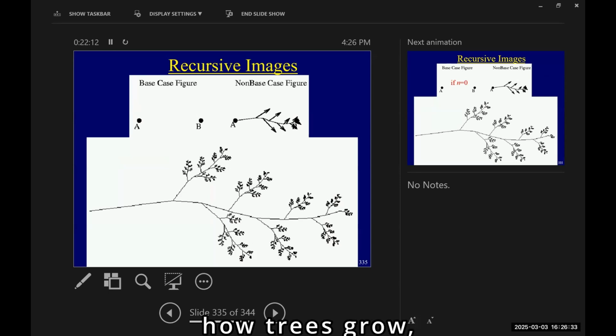You might wonder how trees grow, right? I mean, it looks like a tree, right? And what is it? Well, the base case, in this case, is nothing, right? N equals 0 is nothing. N equals 1 is that stem with n minus 1's hanging off of it, right?